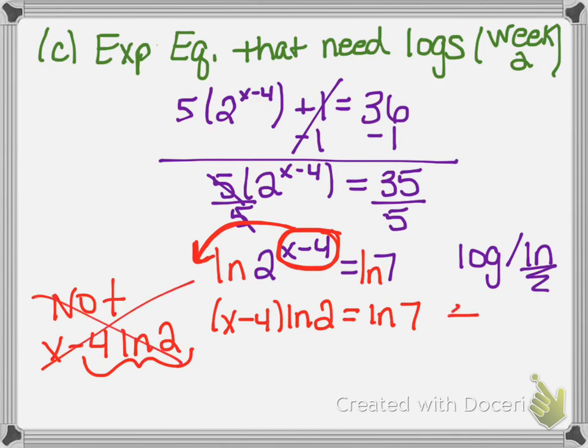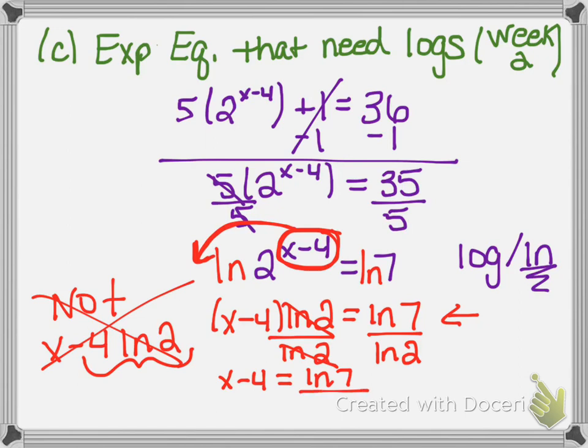And then because it is this, our next step in the solving process would be to divide by natural log of 2. And that will get rid of the natural log of 2. So now we no longer need the parentheses on the left side. And so we have natural log of 7 divided by natural log of 2.